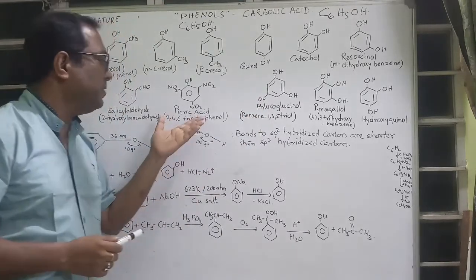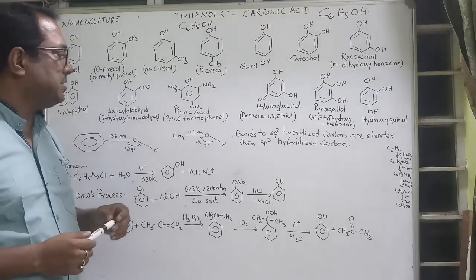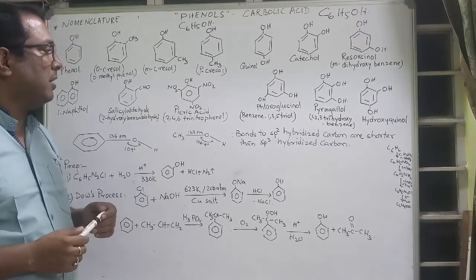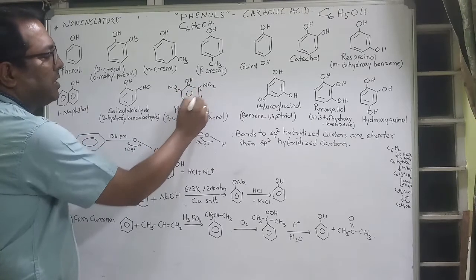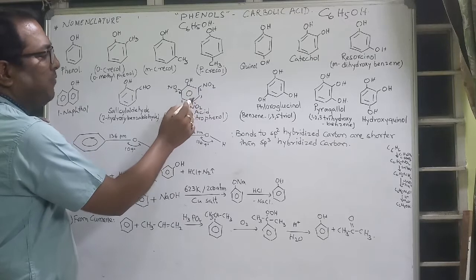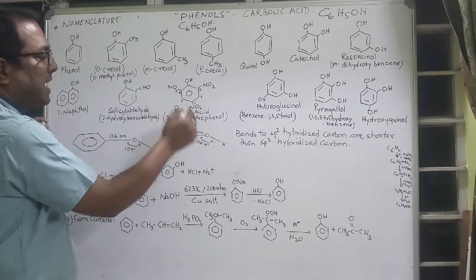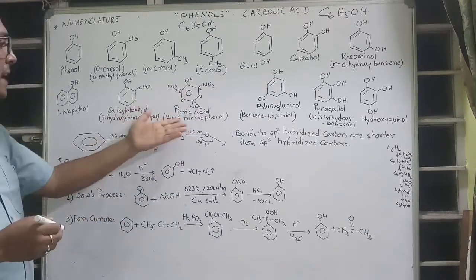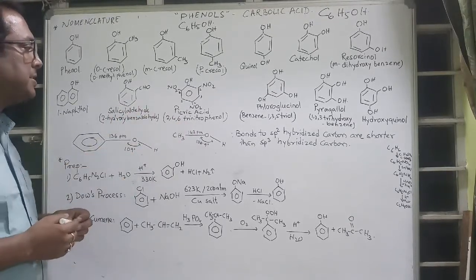And here we have picric acid, also called 2,4,6-trinitrophenol. You can see, students, if this is 1, this is 2, 3, 4, 5 and 6, then on the second, fourth and sixth positions you have the nitro groups, and this is phenol. So trinitrophenol, or 2,4,6-trinitrophenol, together we call picric acid.